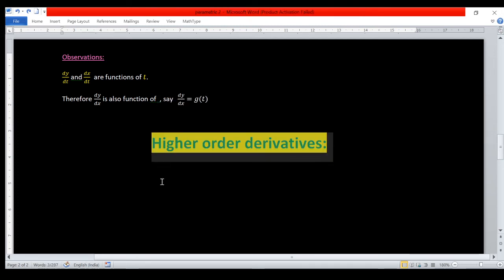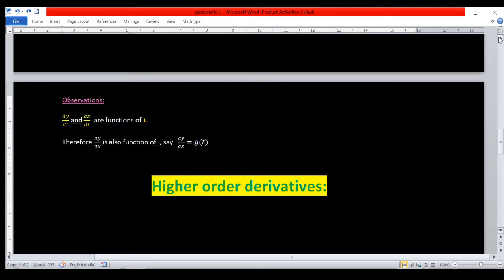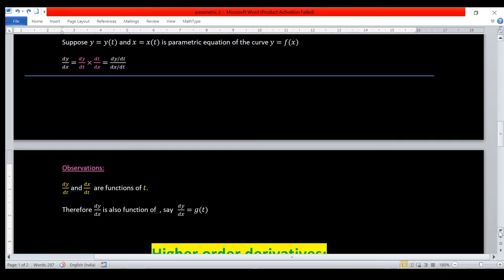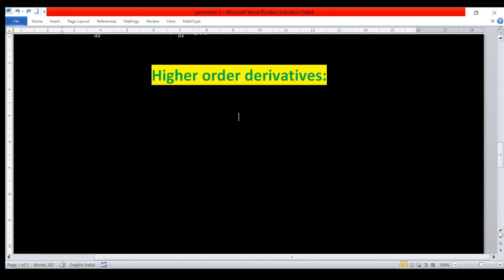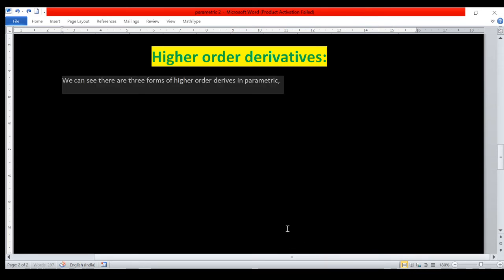Okay, now we go to higher order derivatives. What is meant by dy/dx now? dy/dx is equal to (dy/dt) divided by (dx/dt) in parametric form. Higher order derivative, we already discussed: repeated differentiation of y with respect to x, or one variable with respect to another variable.